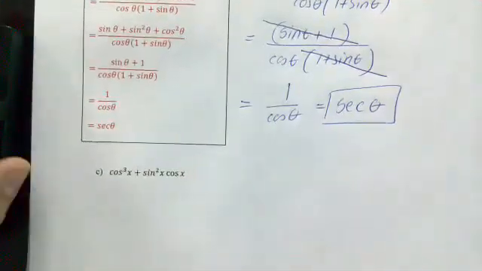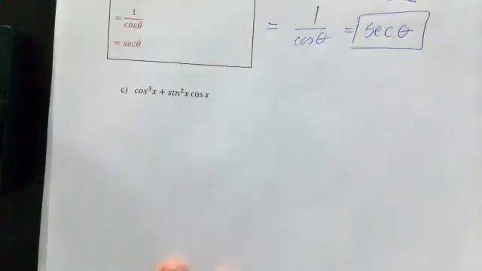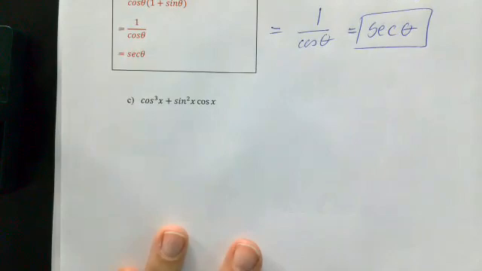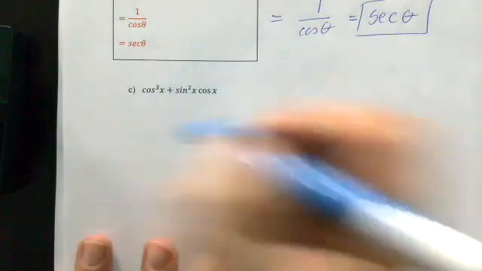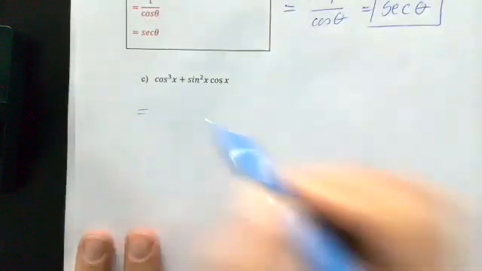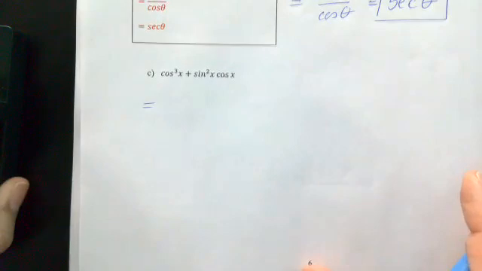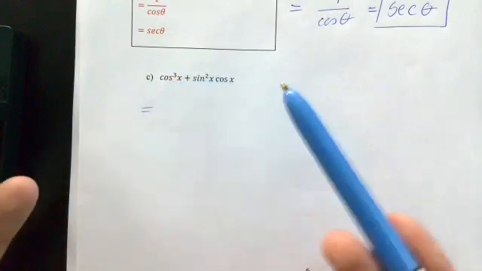Okay, one more. Cos cubed of x plus sine squared of x times cos of x. Now, here again, everything is in terms of sine and cos, so that rule of thumb is gone. I can't really add fractions or combine them because they are not combinable, right?